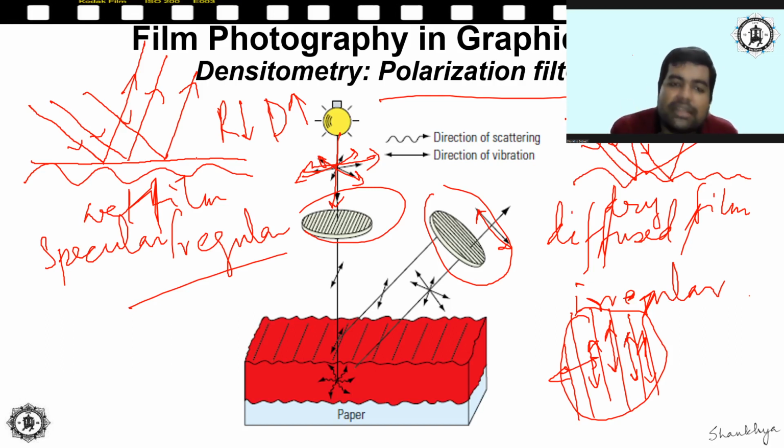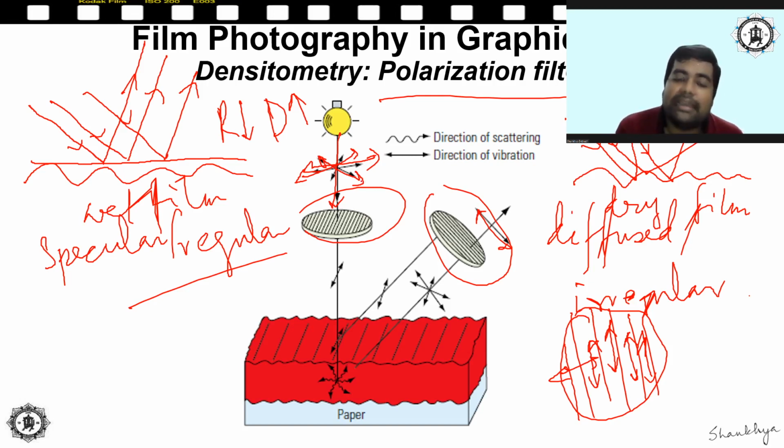If we can ensure that a uniform amount of light having a vibrational direction of a particular direction is reaching the detector of the densitometer in both the wet film as well as the dry film, then only in that situation can we ensure that the same amount of light reaches the detector no matter whether the ink film is wet or dry.